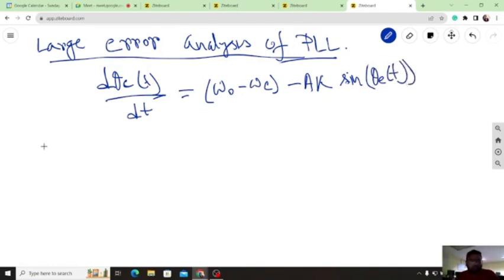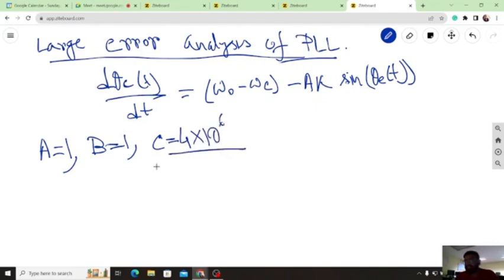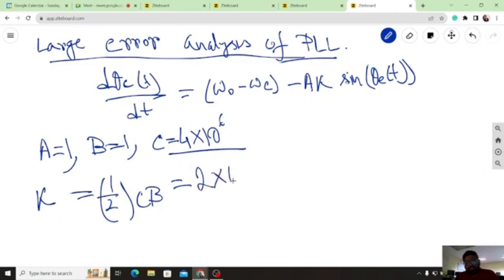So we know previously in the question A is equal to 1, B was also 1. Now only C has been changed. C is 4 into 10 to the power 6 here. So K we can find as half CB, the same formula. So this is 2 into 10 to the power 6. And what else is given?